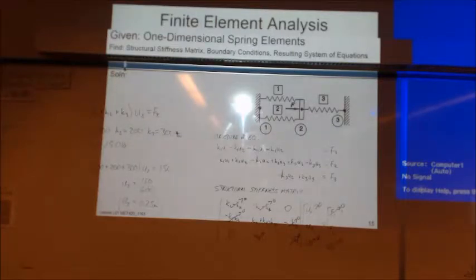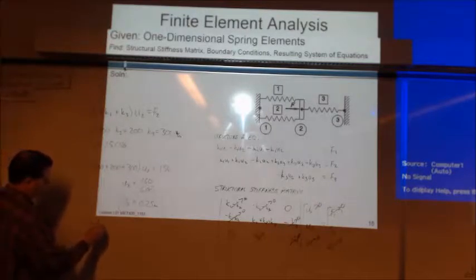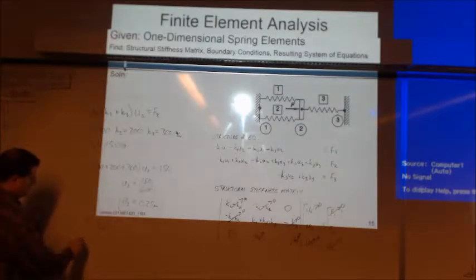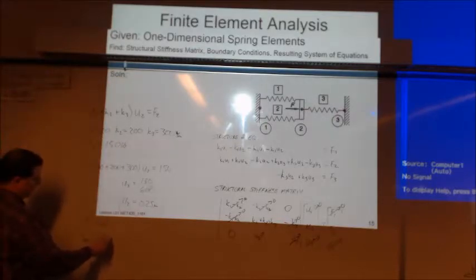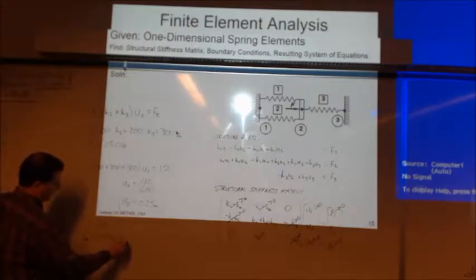Now, what if we want to figure out the force in each one of those springs? F equals K times u, because we're looking at the displacement. For the force in spring 1, K1 is 100 pounds per inch and our displacement was a quarter inch.